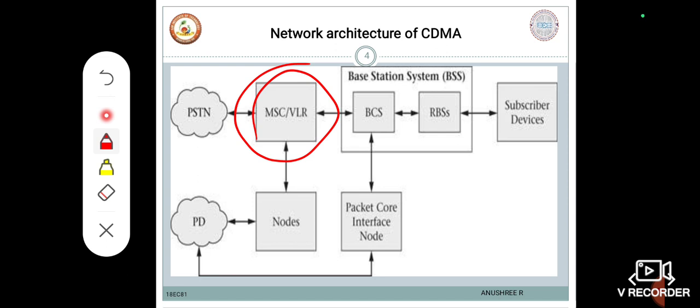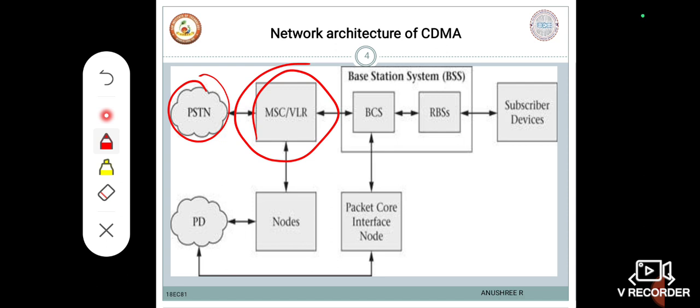The CDMA mobile services switching center serves as the interface between the public switched telephone network, that is PSTN, and the base station subsystem, BSS. The MSC performs the functions necessary for the establishment of calls to and from the system's mobile subscribers.